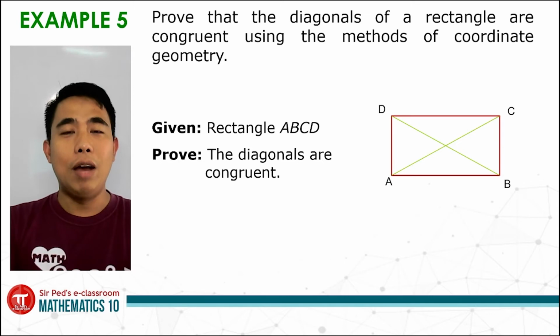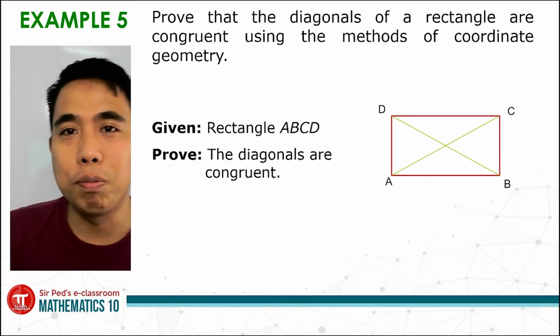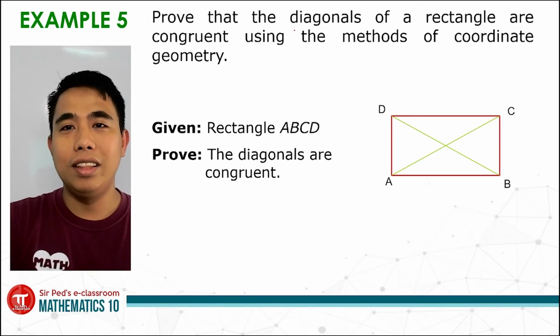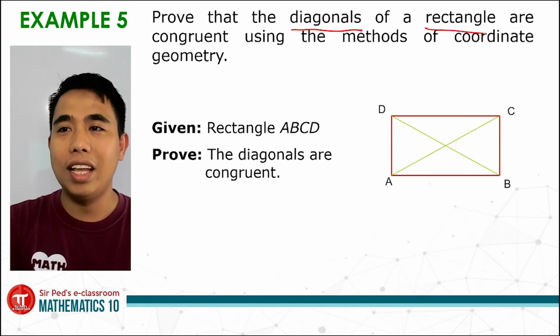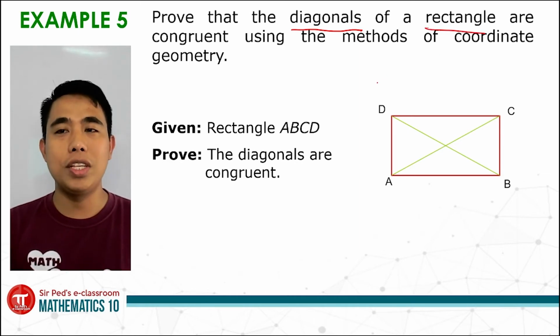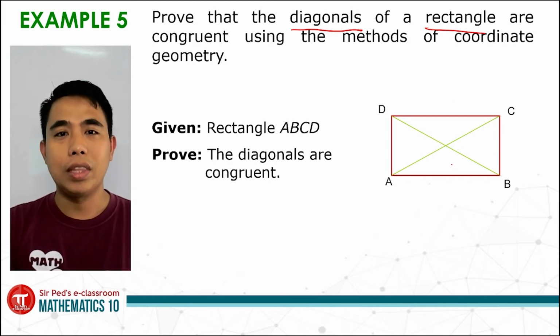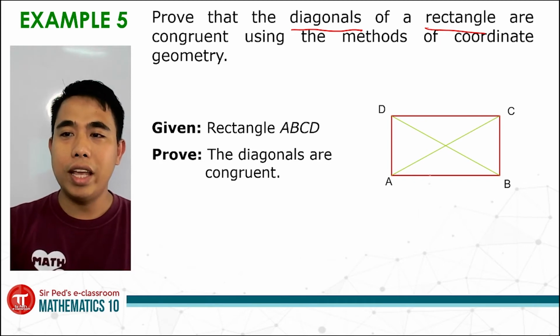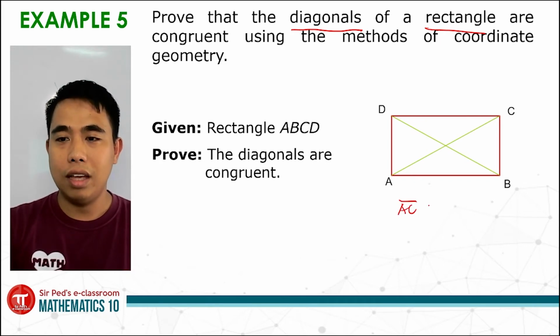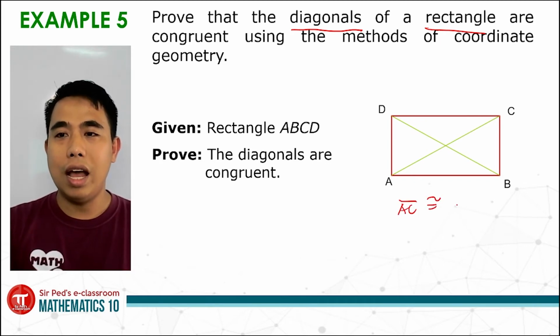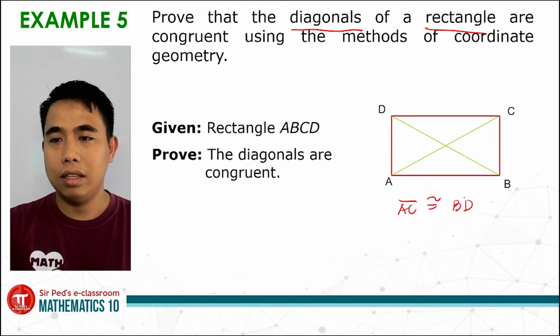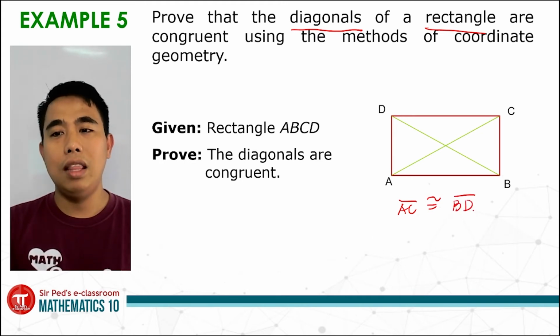Okay? Now, punta na tayo sa proving. Prove that the diagonals of a rectangle are congruent using the methods of coordinate geometry. So, we have here a rectangle ABCD. Ang ipoprove natin, si diagonal AC ay congruent kay diagonal BD.